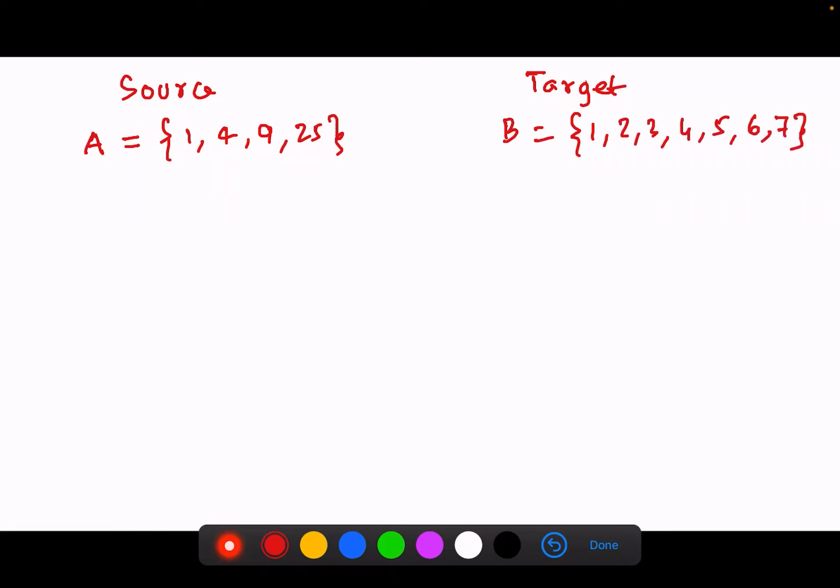Now I'm defining a relation, which is the set of all ordered pairs.